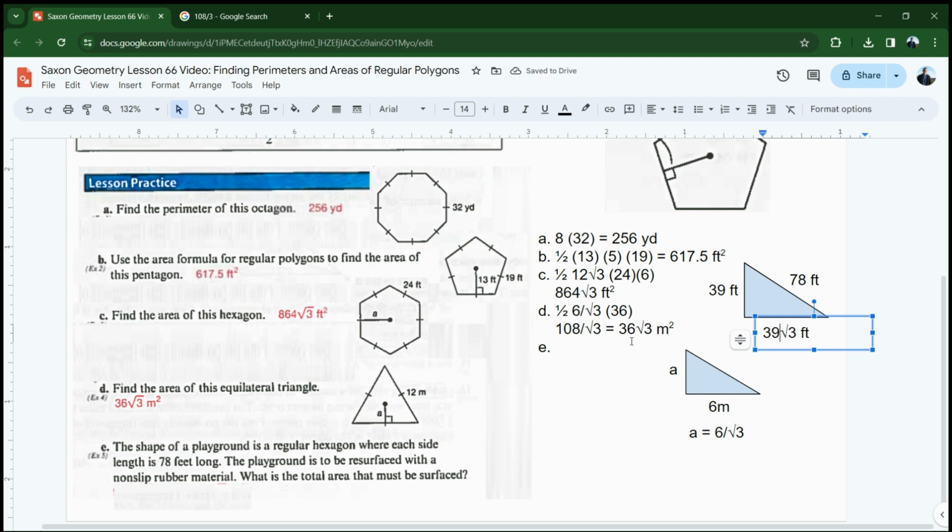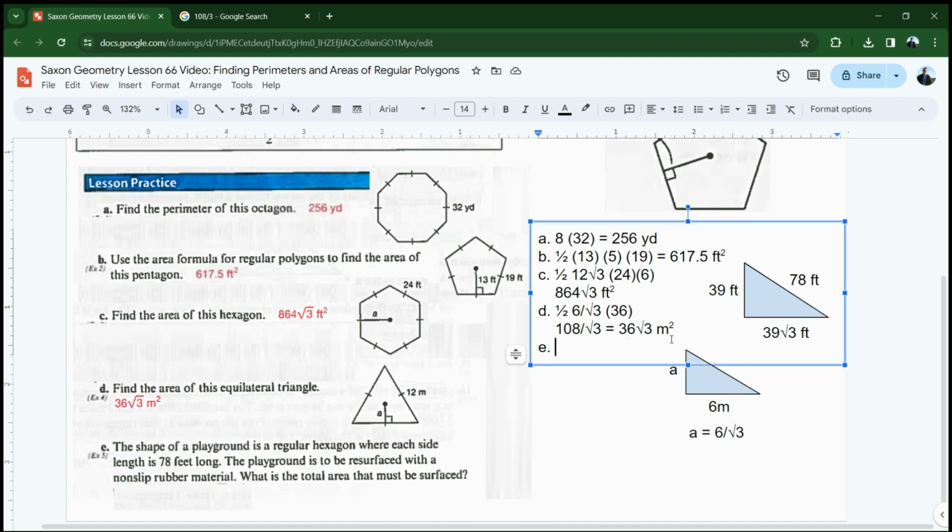So what am I going to do on this one? Well, the apothem for a hexagon like this is going to be this side. So it's going to be 1/2 times the apothem, 39 square root of 3, times the perimeter, which is going to be 78 times 6.